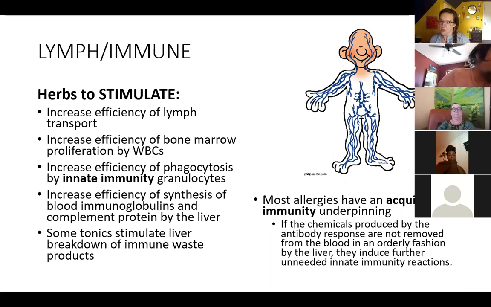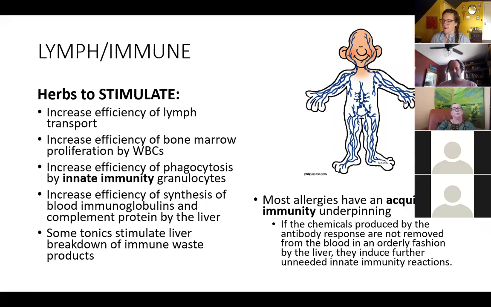So that goes back to liver health and making sure that your liver has the proper processing and stimulation. Your immunoglobulins are affected by your T cells, so when you are creating more immunoglobulins or complement proteins, some of that is happening in the liver and some of it is happening in the thymus.